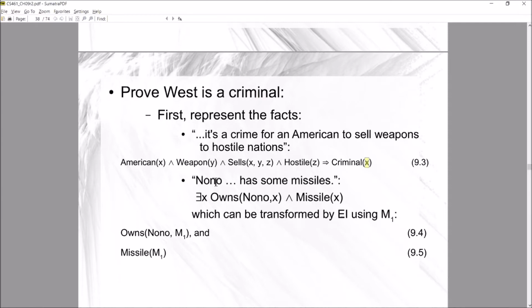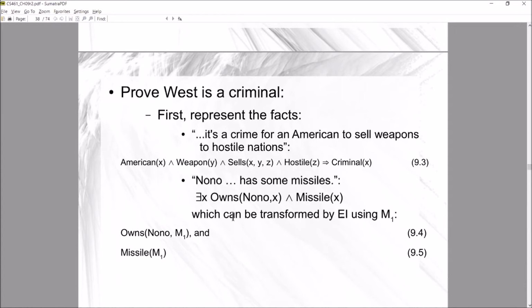Right? So we can say that Nono has some missiles. We can represent that with an existentially quantified sentence. There exists something in the universe that Nono owns, and that something is a missile.